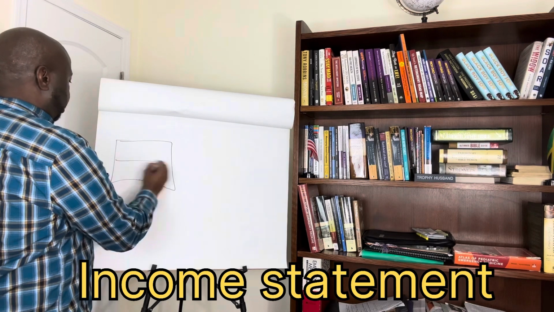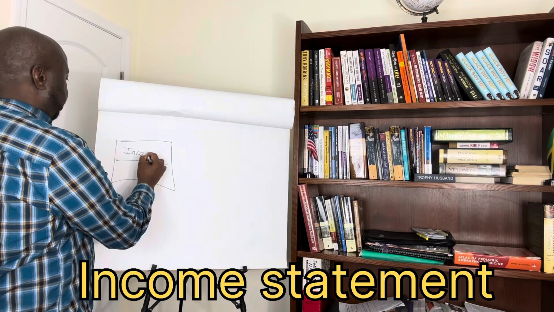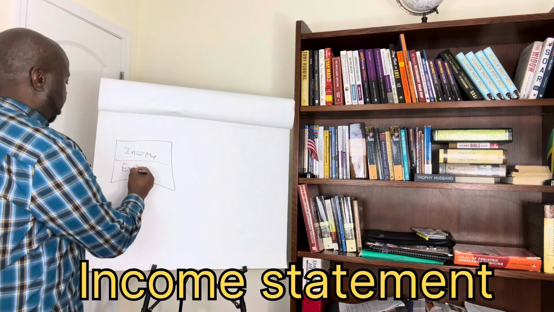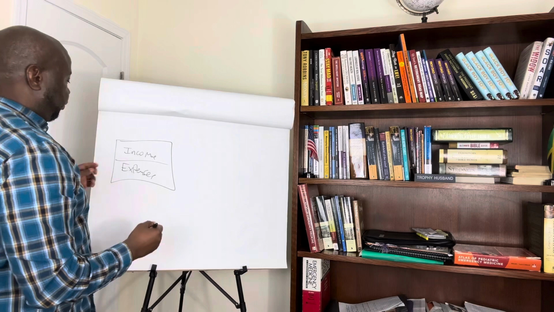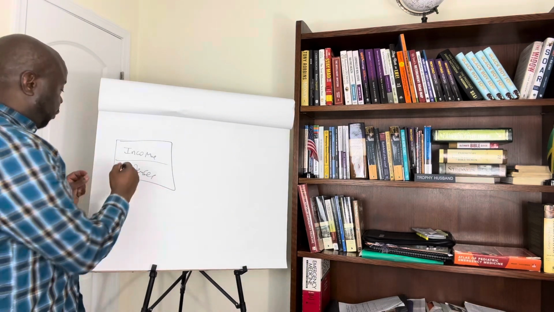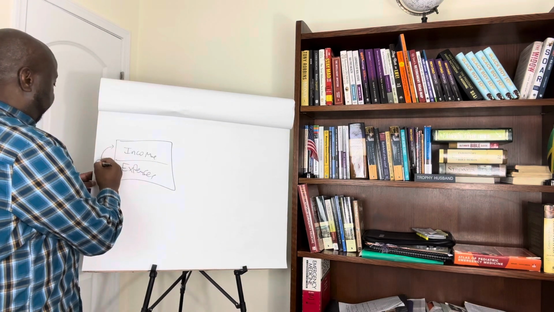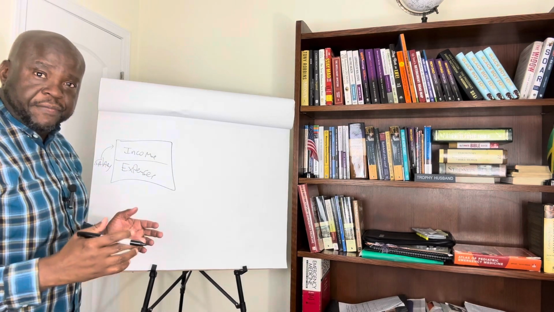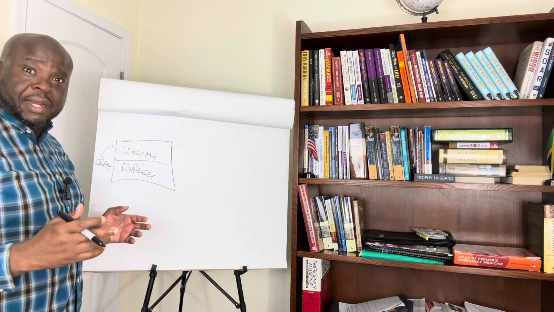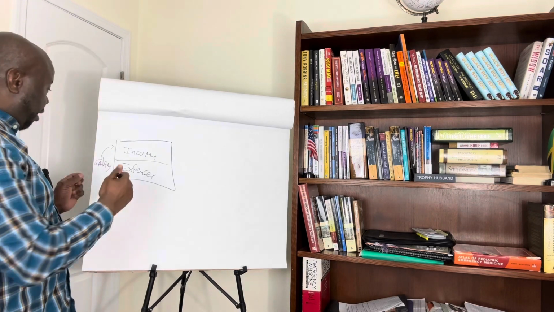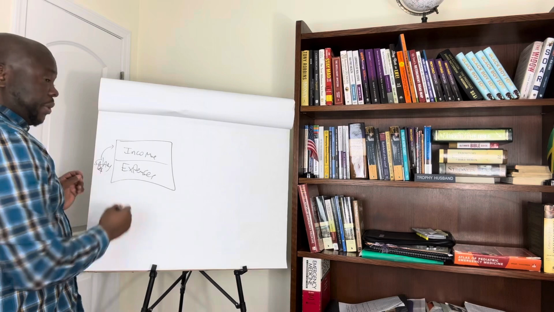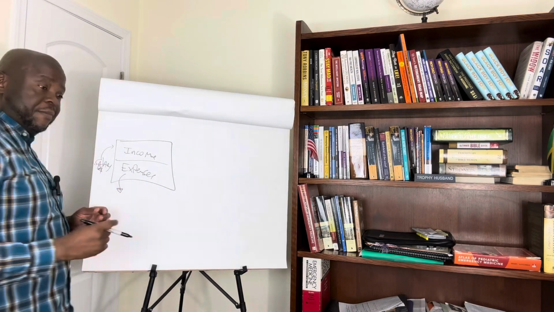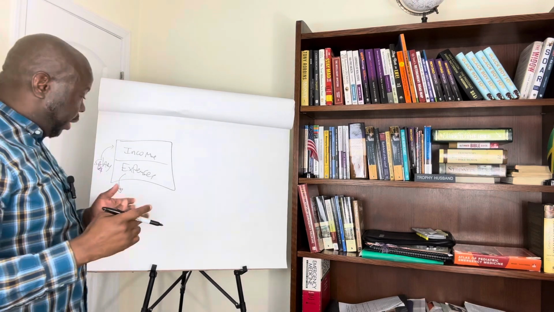The income statement is basically a statement of income, what comes in and what goes out. Income, for most people, comes in the form of a salary from your job, your 9 to 5, or your 10 to 10, or whatever it is. And it's usually only one source. Your expenses are all of the expenses of life that you already know.